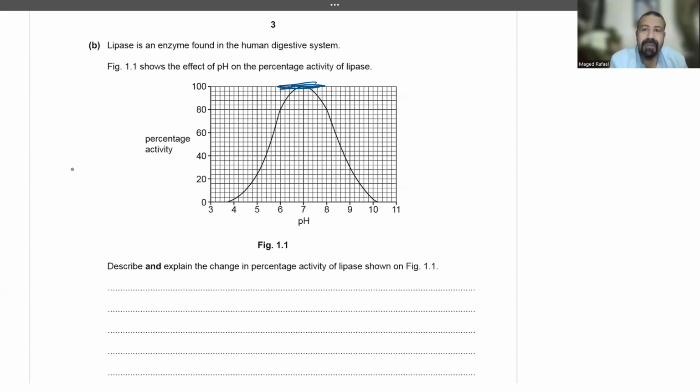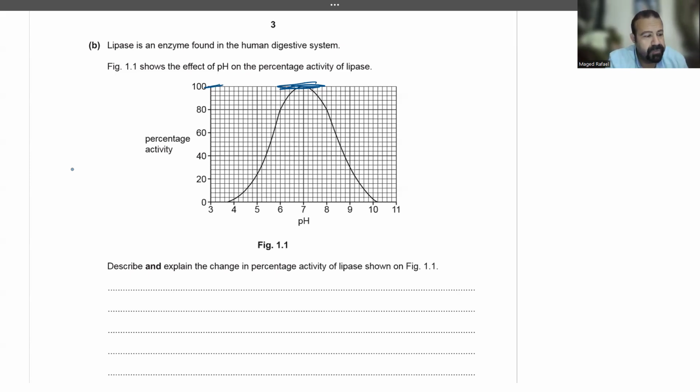It means I compare using data, which is extremely important, kids. Don't compare without taking any data. What she mentioned is that pH 7 is the optimum at which the percentage activity was 100.